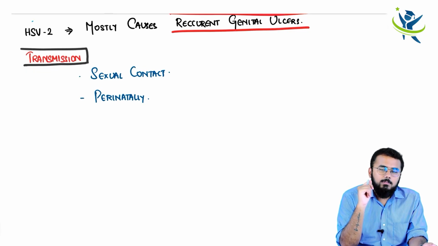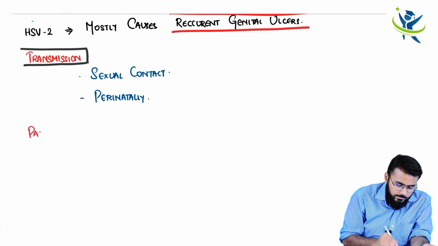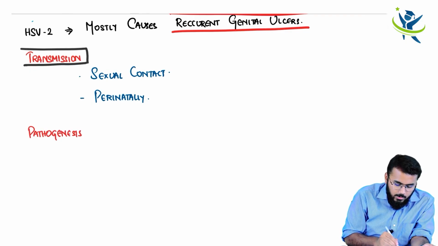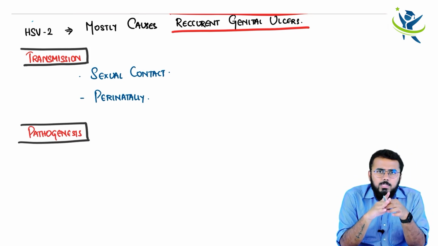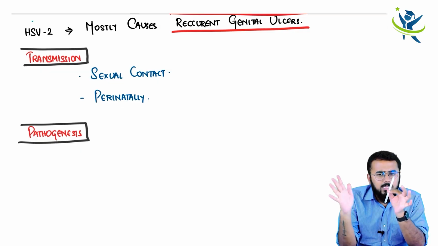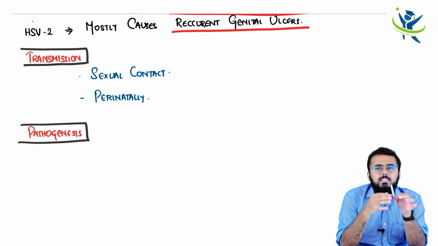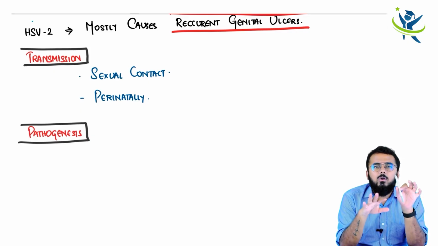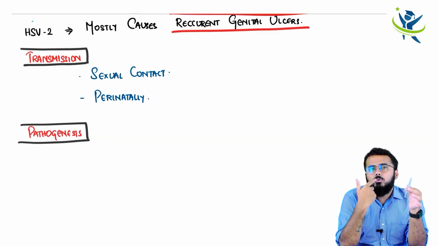Next important thing is the pathogenesis, how this virus is going to enter your body. Now when it comes to pathogenesis, the important thing you need to know is that this virus mainly passes through fluids. Anything that is mucus-like or fluid-like. So the body fluids from the eyes, from the nose, from the mouth, from the genitals.